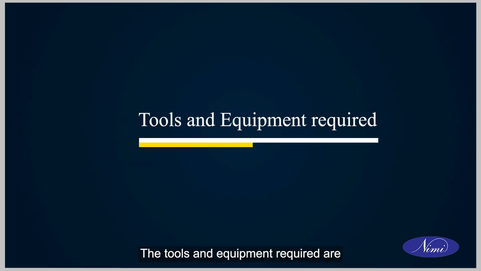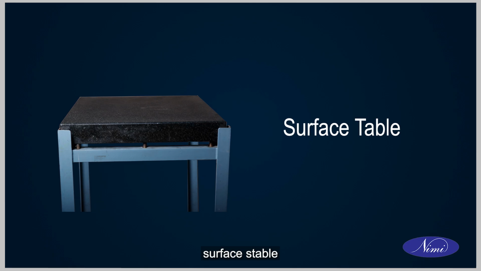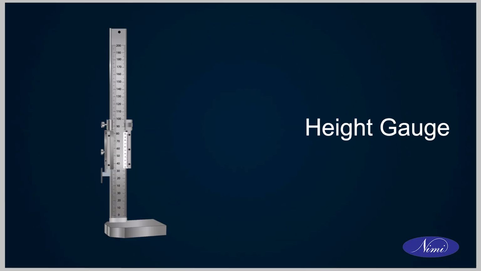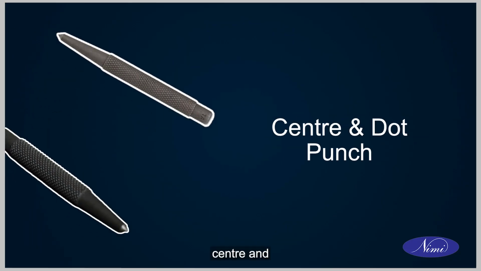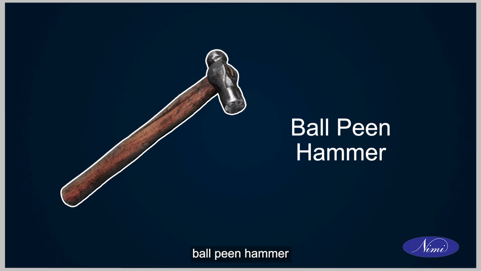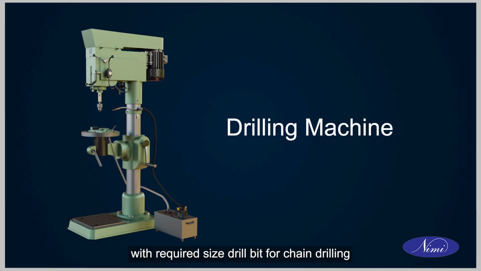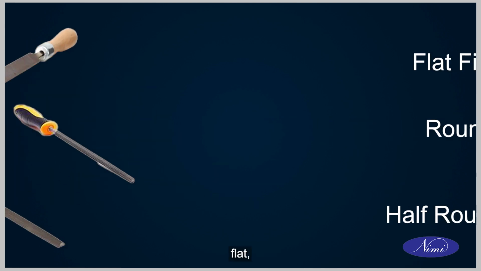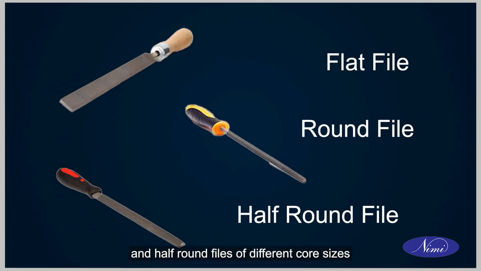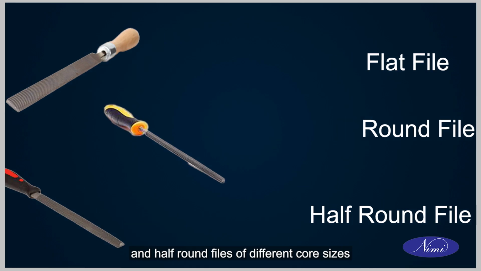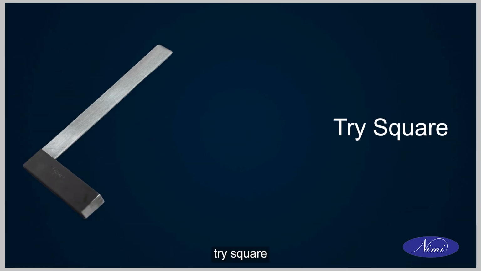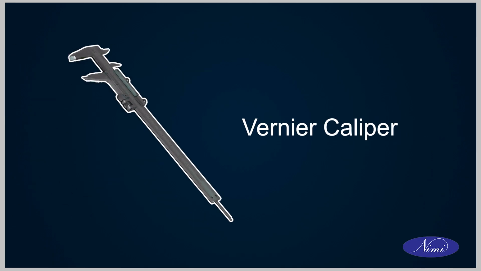The tools and equipment required are surface table, angle plate, marking media, height gauge, divider, center and dot punch, ball peen hammer, anvil, drilling machine with required size drill bit for chain drilling, web or flat chisel, sledge hammer, flat, round and half round files of different cut sizes, steel rule, tri-square, vernier caliper.